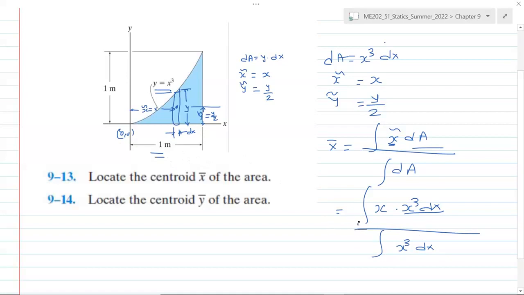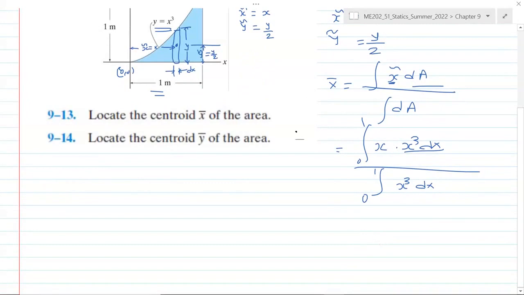That's given here. So it's 0 to 1, and then when we do this integration, this will be x to the power 4 dx, so that integral will be x to the power 5 divided by 5. And then the limits are 0 to 1, and in the denominator it's x to the 4 divided by 4, and limits are 0 to 1.